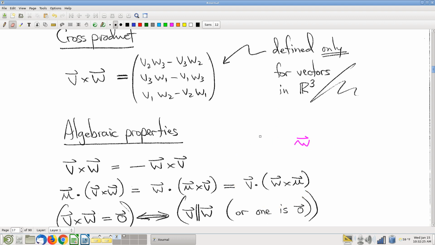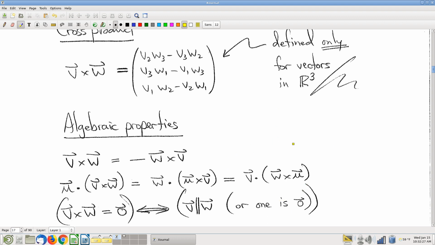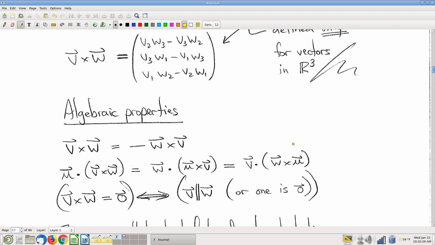Also, neat fact, easily proved algebraically, but there's geometric intuition that we'll talk about later. If a cross product is the 0 vector, that means the two vectors are parallel, or one of them is the 0 vector, or both of them are, and there's this little non-zero asterisk that you have to throw in there.